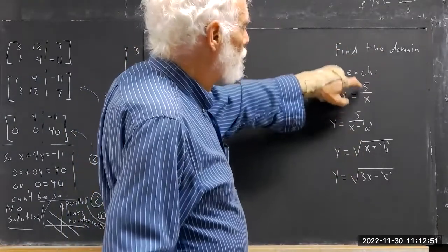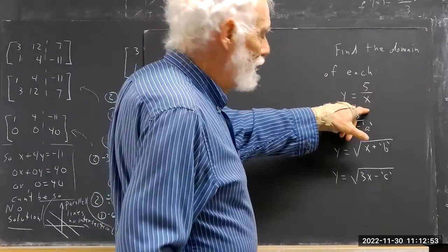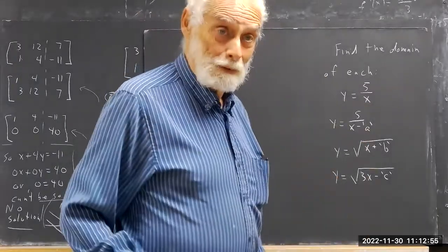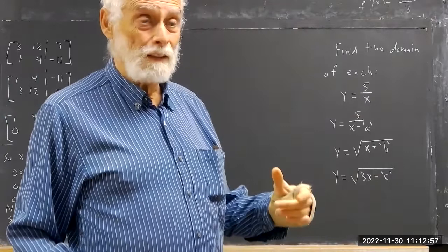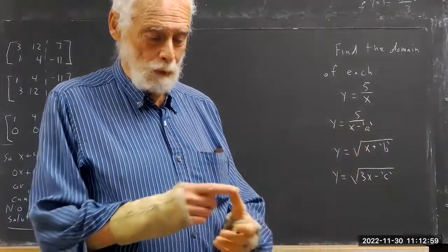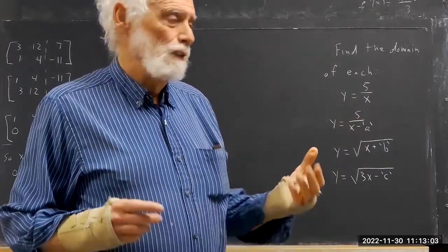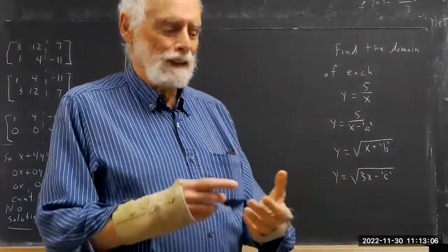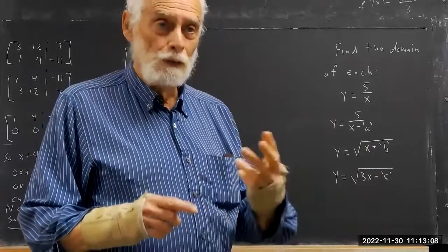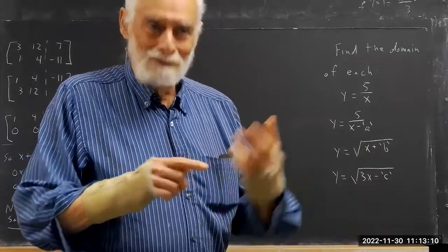Okay, so y equals 5 over x. You cannot divide by 0. Now you can divide 5 by 1: 1, 2, 3, 4, 5. You count to 5 by 1, right? You divide 5 by 2, but you get 2, 4, 6. You went too far, so it's somewhere between 2 and 3.